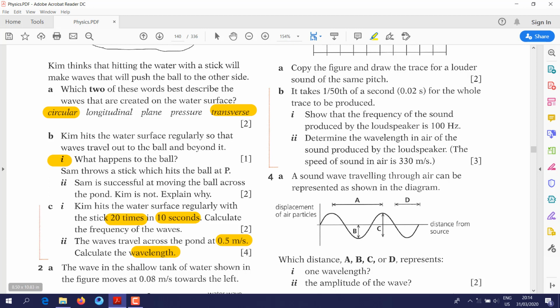We need to find the wavelength by applying the wave formula, which says speed equals frequency times wavelength. If you replace the words with the numbers, you will have 0.5 over 2, which is equal to 0.25 meters. So the wavelength of this wave in this water will be 0.25 meter.